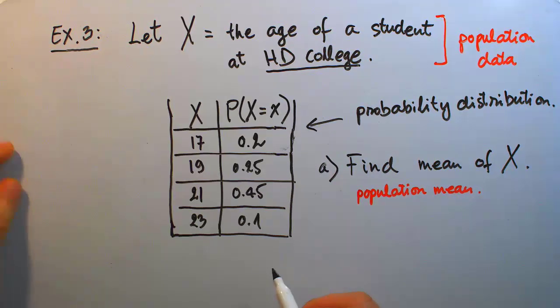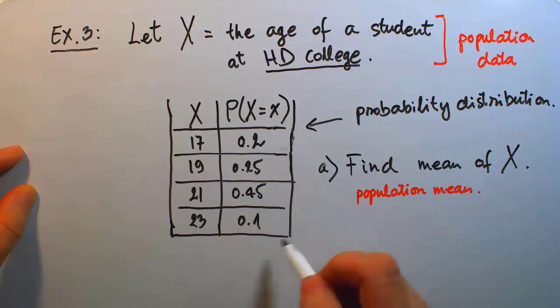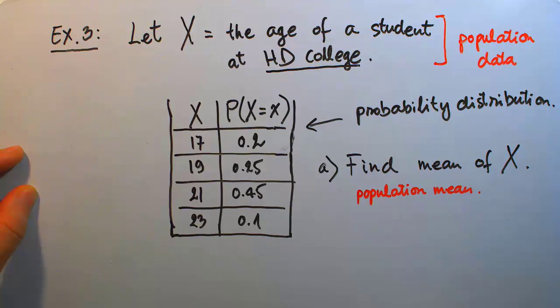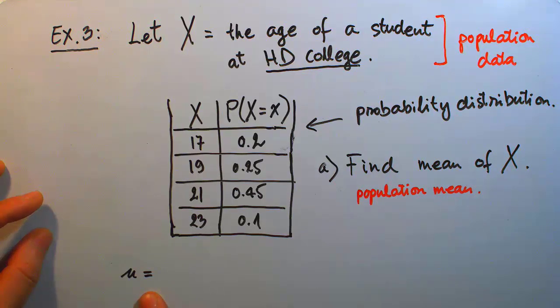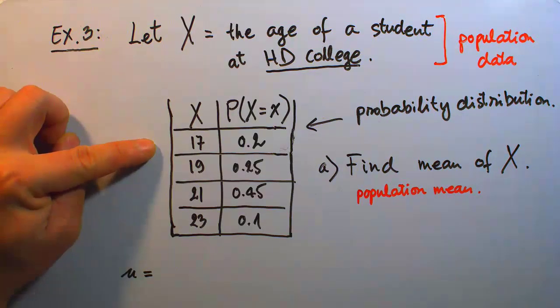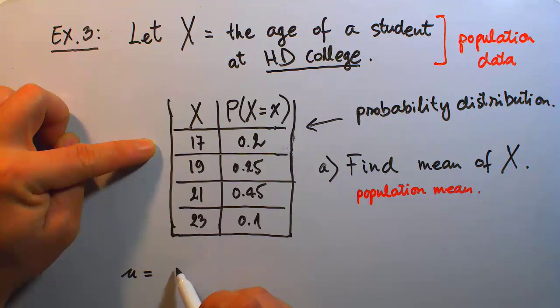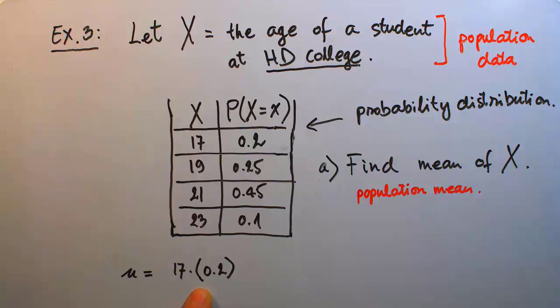The correct way now is to produce, even though many textbooks and other instructors give the formula with the summation notation, I still prefer to use the written out formula in this work, so that more people are able to follow the steps. To find the population mean, we look at our first distinct data value for the random variable X being 17, and multiply with its probability, 0.2. That's the first pair.